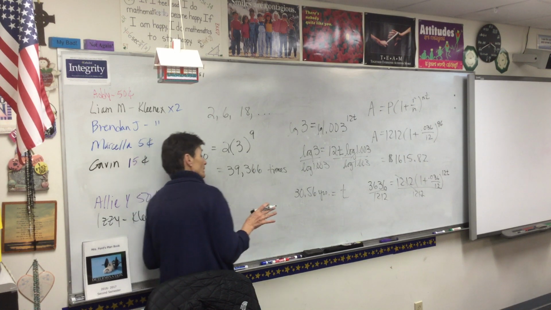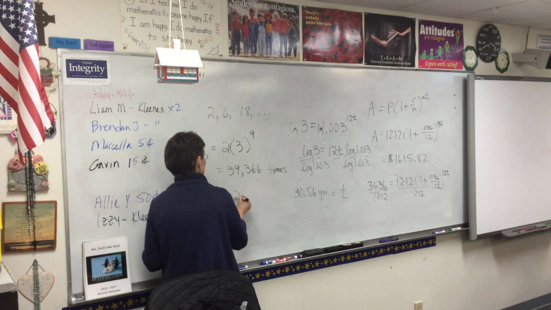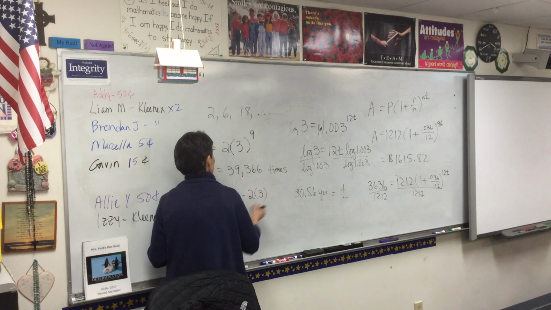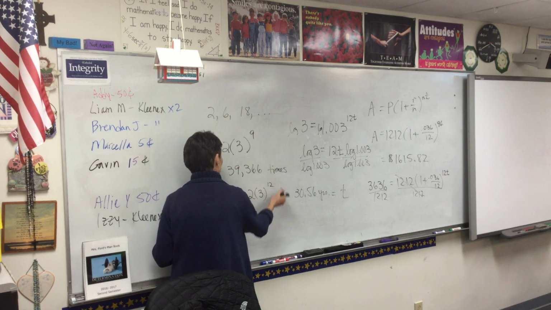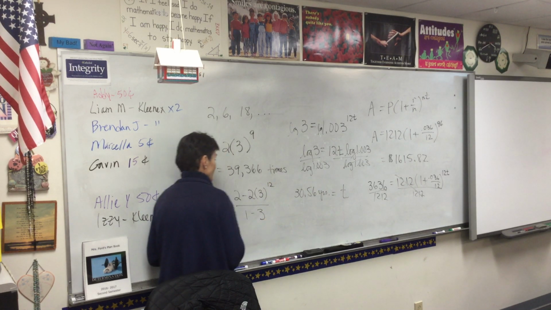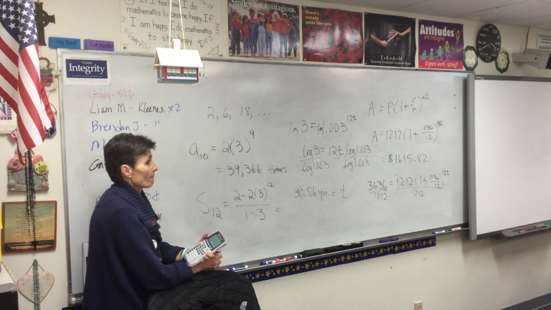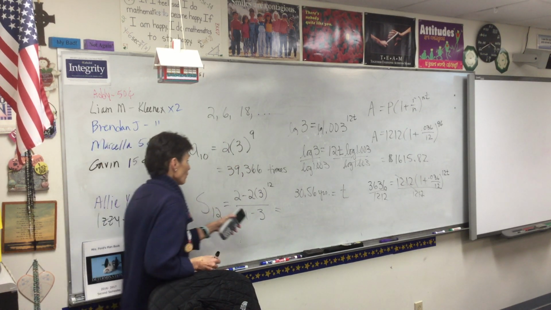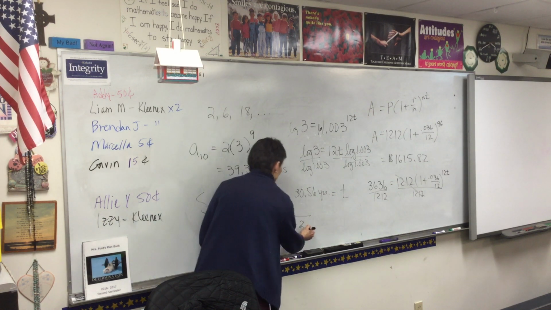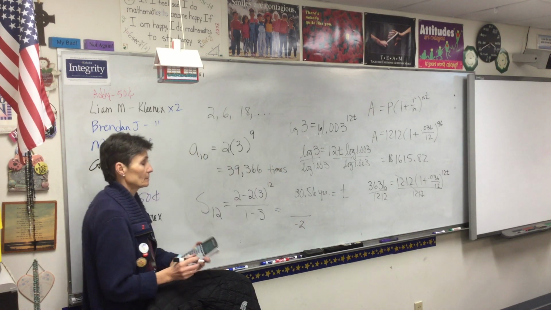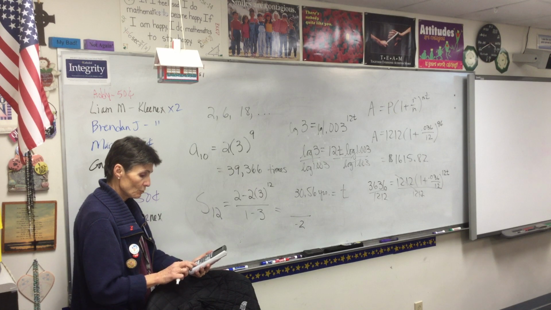So you got your formula sheet. It says take the first term minus the first term times the ratio to the 12th over 1 minus the ratio. With this formula, please do the denominator separately. And then you can just type in the numerator.